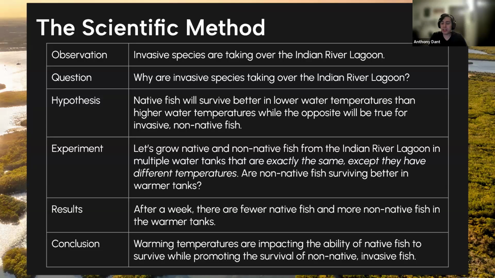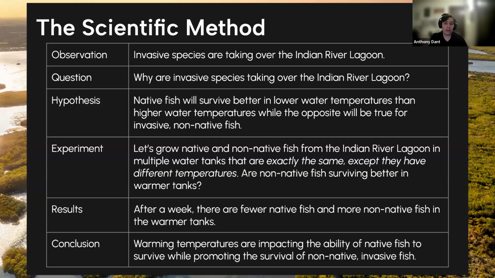From there, those individual observations, such as noticing that invasive species, which are just species that were introduced accidentally or even purposefully outside of their natural environments, are taking over the Indian River Lagoon. So that is the initial observation. We're noticing that these species are starting to inhabit this individual area.